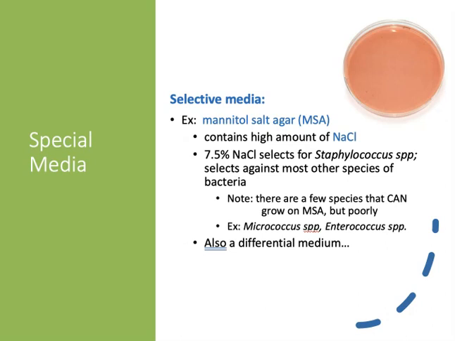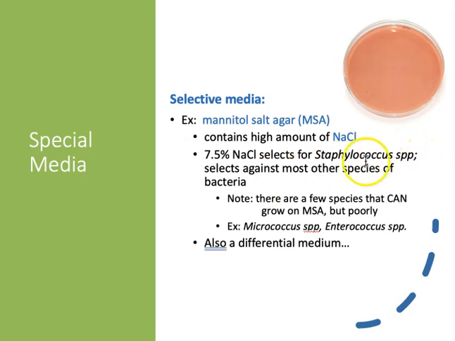Most bacteria don't grow in that much salt. If you think historically, sodium chloride has been used for many years as a preservative for food. Most bacteria are unable to grow in 7.5% sodium chloride, but there is one important exception.